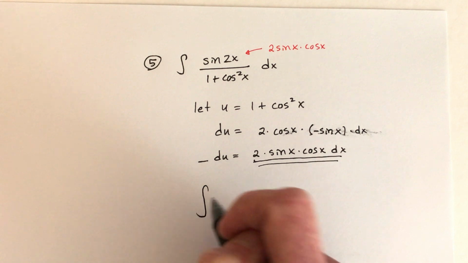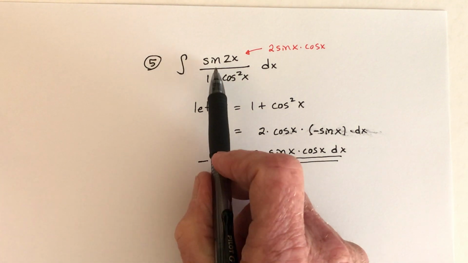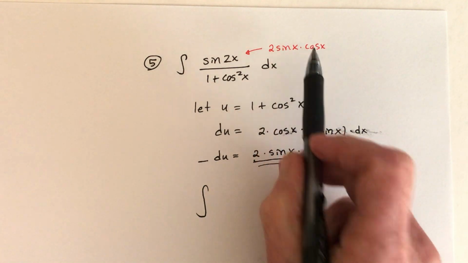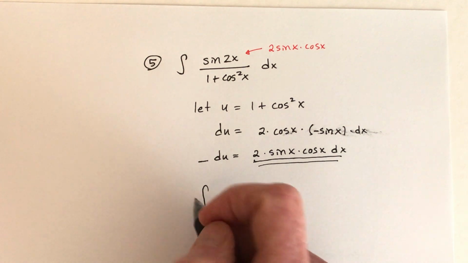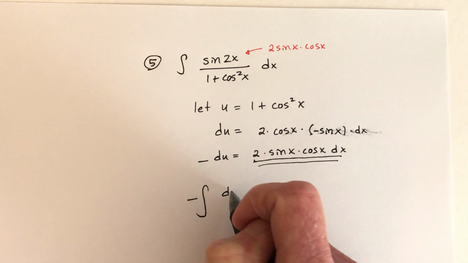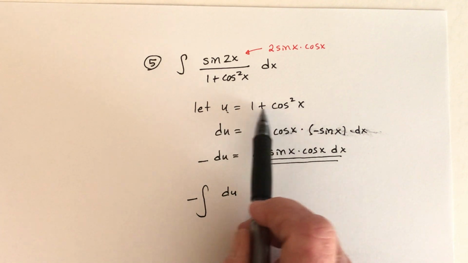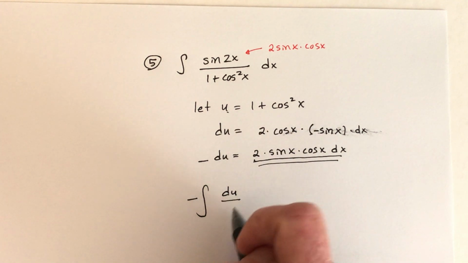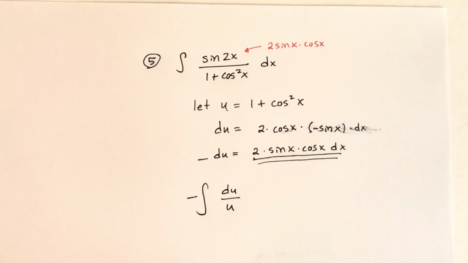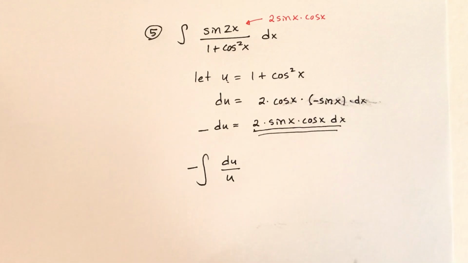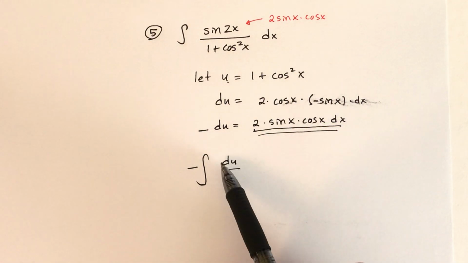So this one is going to become integrate, and then this whole thing gets replaced with just negative du, and I'm going to put the negative on the outside. And then on the bottom, the u is equal to the whole thing, so it's just du over u. So it took something that's more complicated and definitely made it simpler.